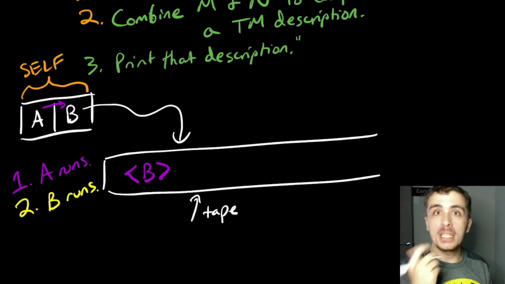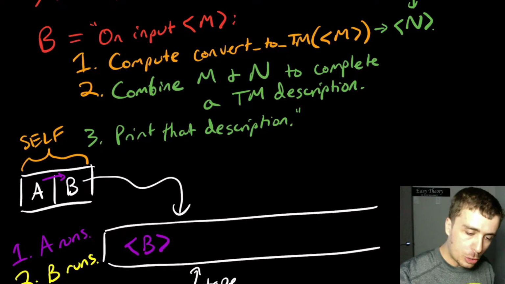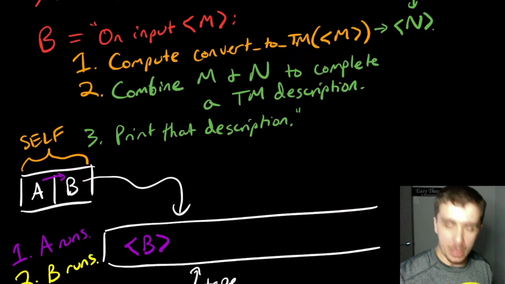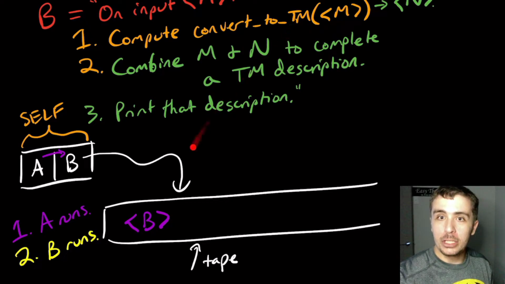So then what's going to happen here? Well, by definition, what it's going to compute is the convert to Turing machine function of the input. Well, the input is this B machine right here, and that's defined to be A. So convert to Turing machine of B is defined to be A.